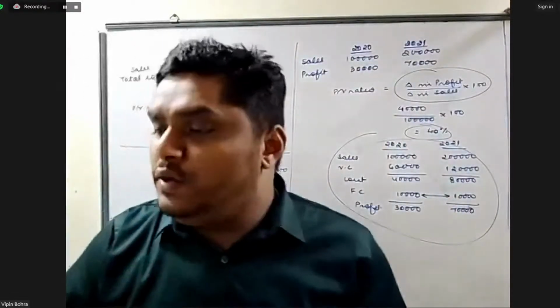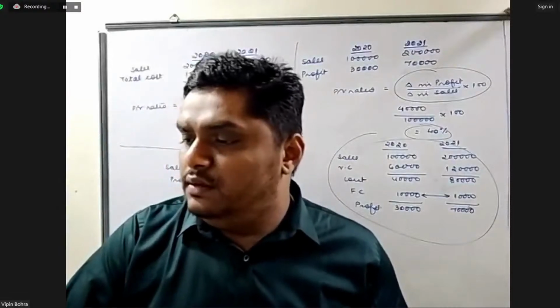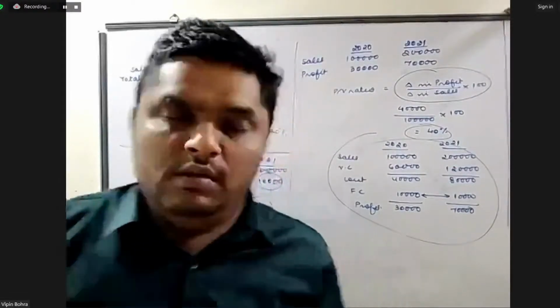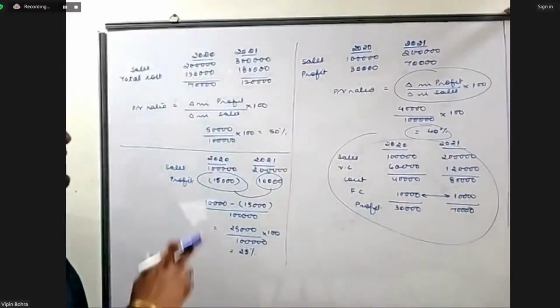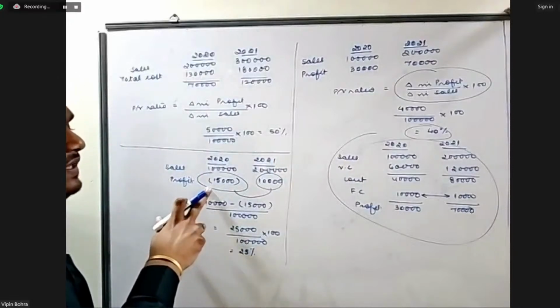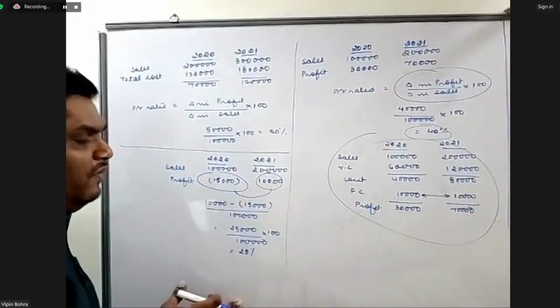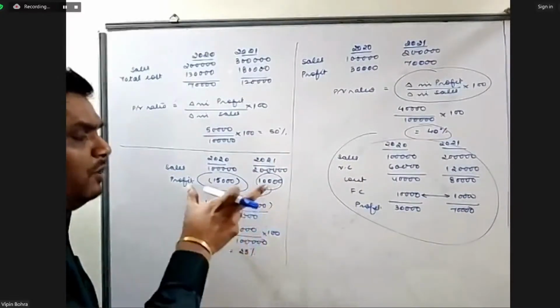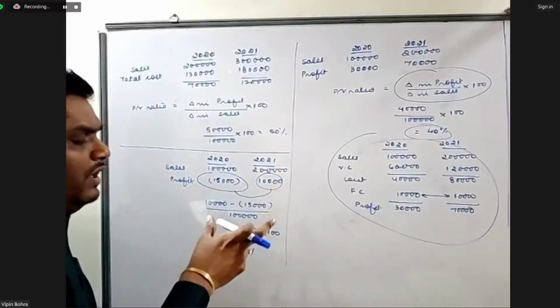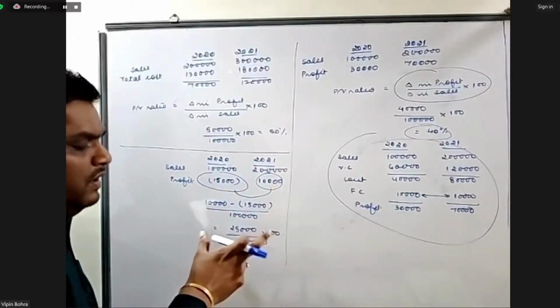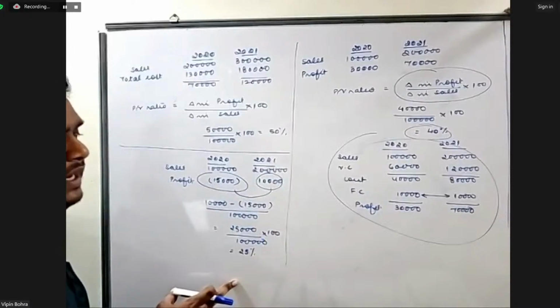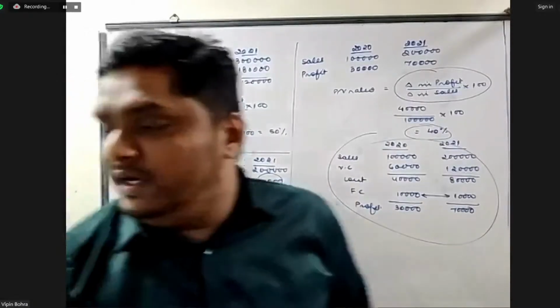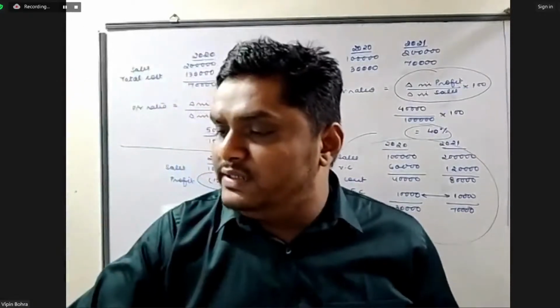So this is the way you guys have to solve the question. Very important, guys. First year there is a loss of 15,000. Second year there is a profit of 10,000. So when talking about the change between year one and year two, it is 25,000. So 25,000 divided by 1 lakh into 100, you'll get 25% as the PV ratio. Now it is correct, Shweta.